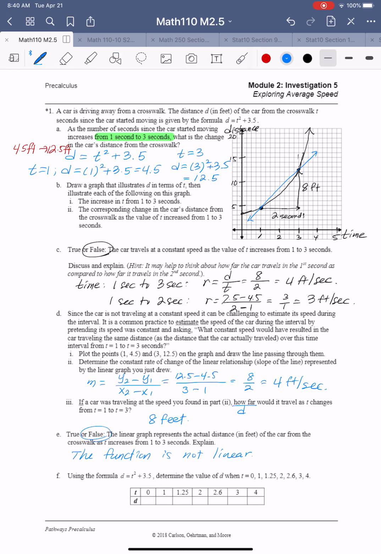So you can't just say that one part of the interval of time is going to be the constant rate of change of the whole function. No, you can't do that.